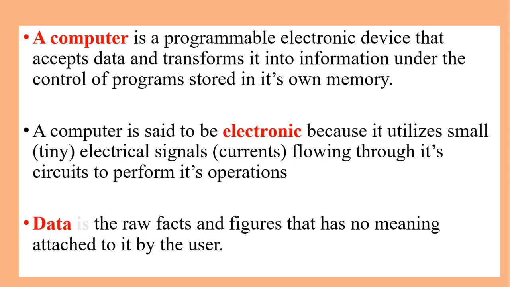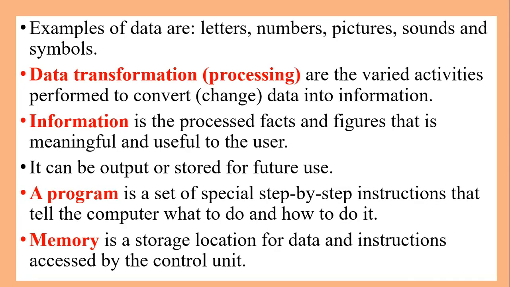Data is the raw facts and figures that have no meaning attached to them by the user. Examples of data include letters, numbers, pictures, sounds, and symbols. What is data transformation?